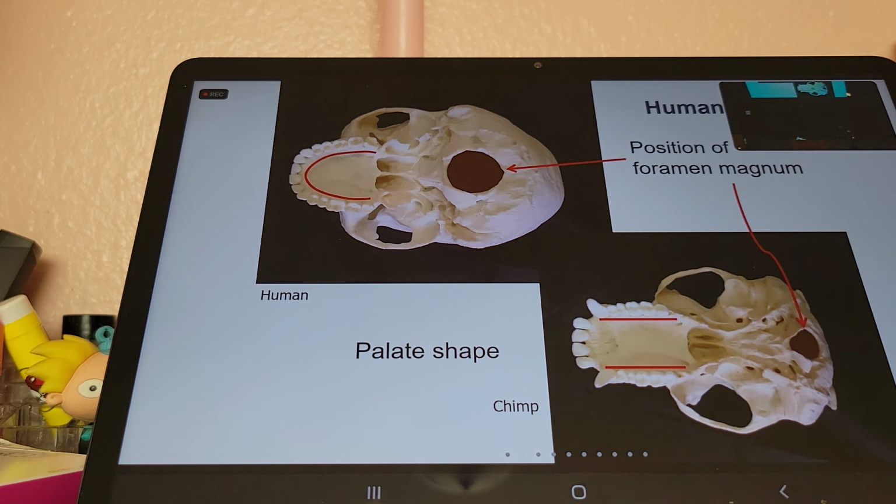In particular, those posterior tooth rows are virtually parallel lines of teeth on either side, the premolars and the molars. Whereas in humans, even all the way back to the premolars and molars, you have an arched palate shape. So while an arched palate shape is not necessary for bipedalism, it is typical of what we see in bipedal form.